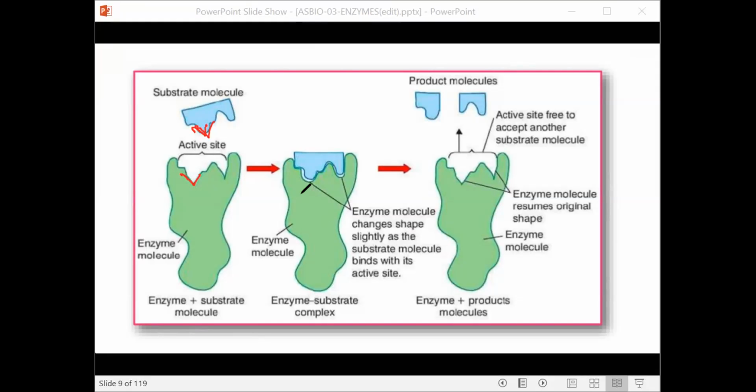Induced fit says that there is a little bit of adjustability so that it can fit in. It's not exact to the substrate. Lock and key says it is exact. Both the models are accepted. Induced fit is more accepted nowadays because of that minute range of adjustment. Because of the specificity of the enzyme, lock and key is also accepted.